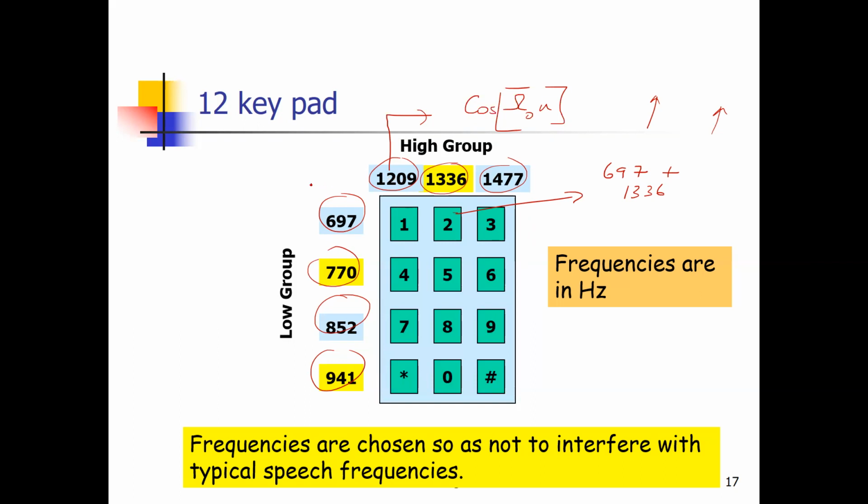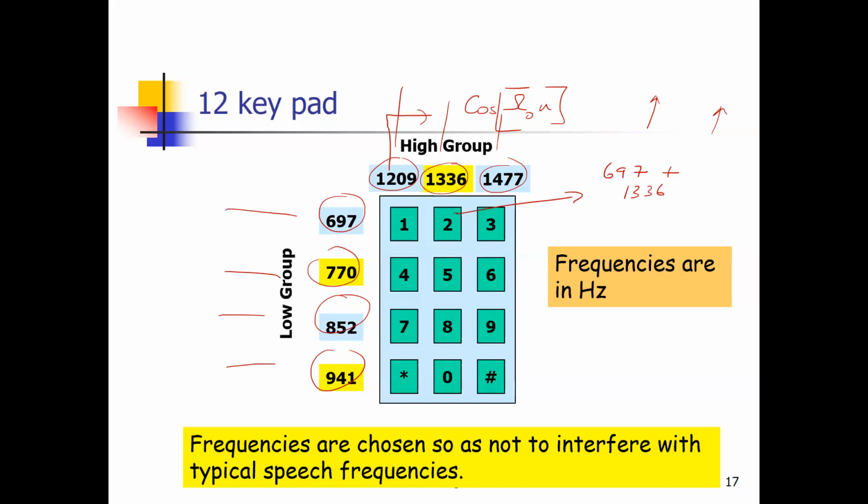So there is one cosine generator for that and one for 697. What you have, therefore, are 4 cosine generators for the low frequency group and 3 for the high. Some of you would have coded a keypad in your microprocessor course already, somewhere in the lab.